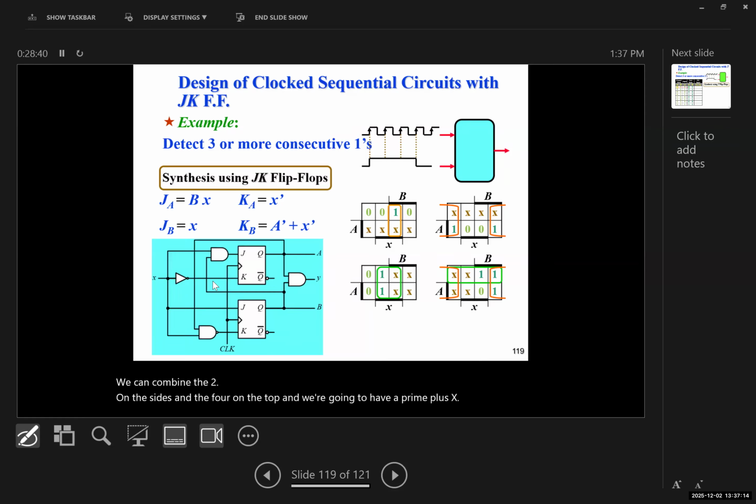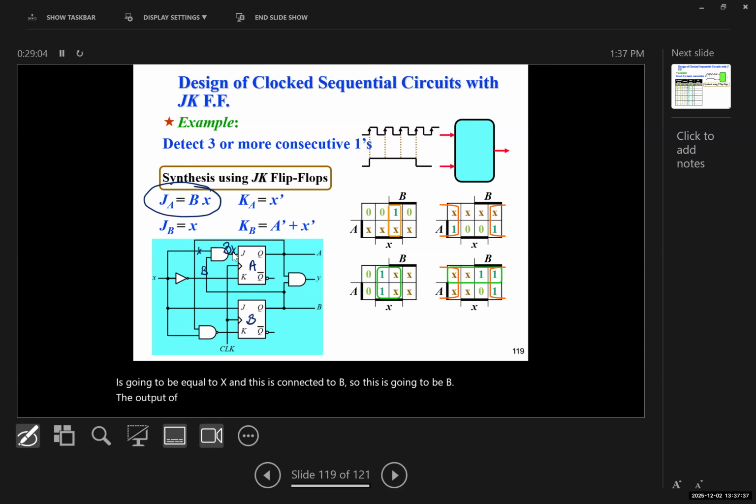Now, when it comes to designing the JK flip-flop, J is going to be equal to BX. So JA, by the way, the J for flip-flop A, and this is flip-flop B, is going to be equal to X, and this is connected to B, so this is going to be B. The output of the AND gate is going to be BX.